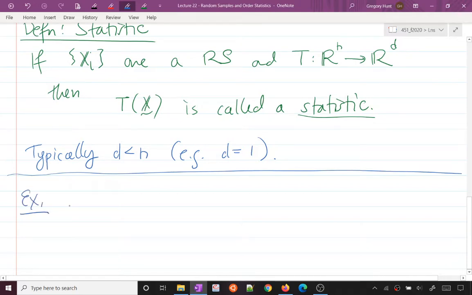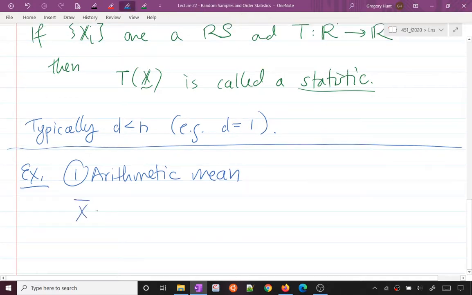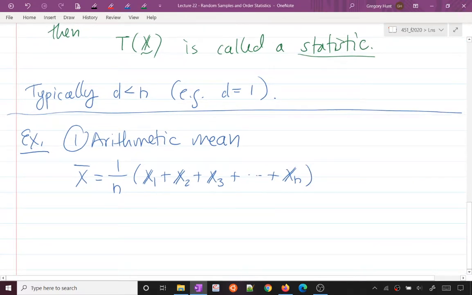Probably the most famous example would be the arithmetic mean. So our arithmetic mean, x bar, is 1 over the number of samples times the sum of my samples. That's the arithmetic mean.